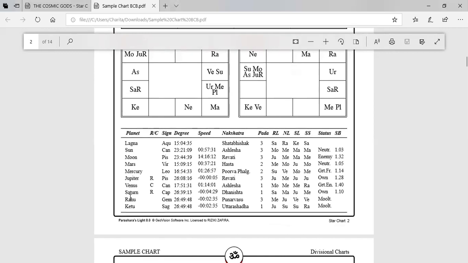Uranus, Neptune, and Pluto more so depicted world events instead of what's going on in your personal life, because of how far away they are from Earth. I'll just put it like that. But if you choose to incorporate them, that's totally fine. I just normally teach from the perspective of the main planets that you see in this column.